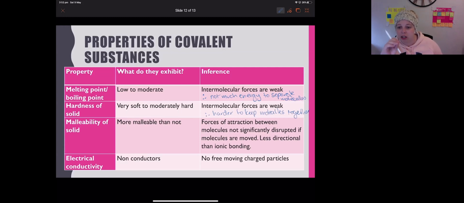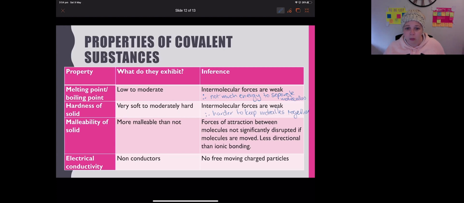There is some directionality to it, but because of the nature of them being able to move around each other, most of the time they're gases, or even if they are a solid, you can move them around. If we were at school, I could get some dry ice and crush it up and show you that it's very easy to crush. I know malleability is usually something we reserve for metals, but dry ice itself, which is solid carbon dioxide, is quite malleable. You can just push on it and it bends or reshapes itself.